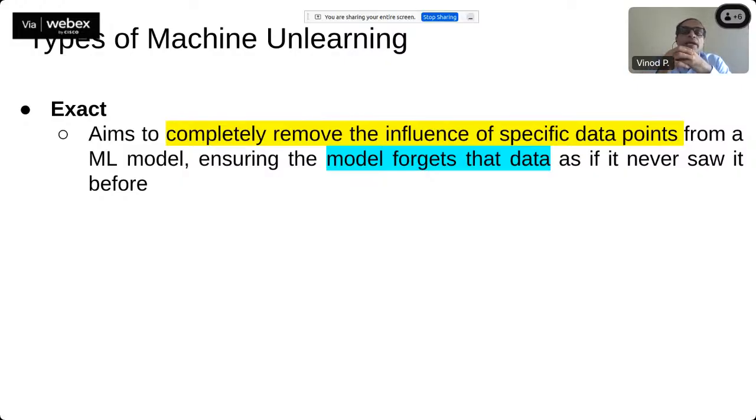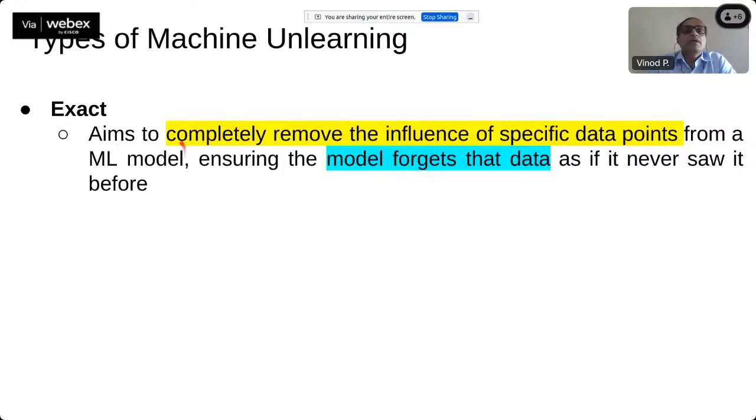In an exact unlearning approach, the model developer's job is to physically remove the data point from the data store, so that whenever the end user presents the same data point to the model, the model will show a very low confidence score corresponding to that data point.